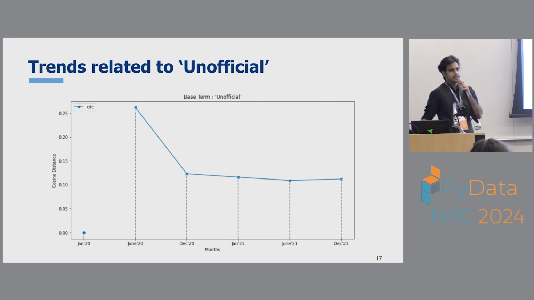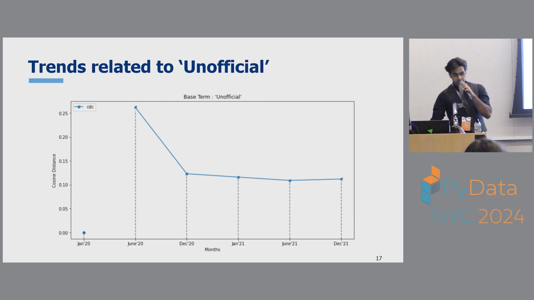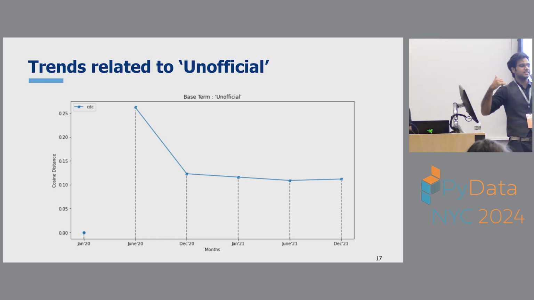This is our base term here, unofficial, and we have taken our relative term as CDC. We can see how this graph goes from up to down. And if you look closely at the x-axis, it's January 2020 to December 2021. Our corpus starts considering words after they've been in the corpora at least 5 times.